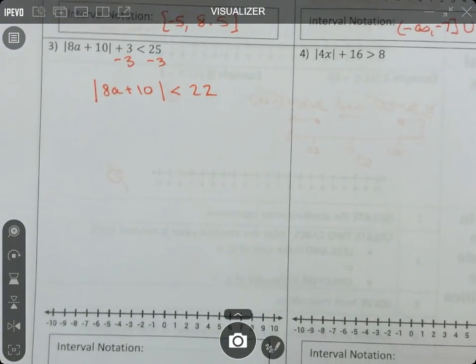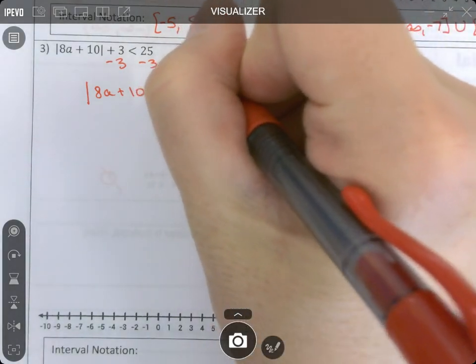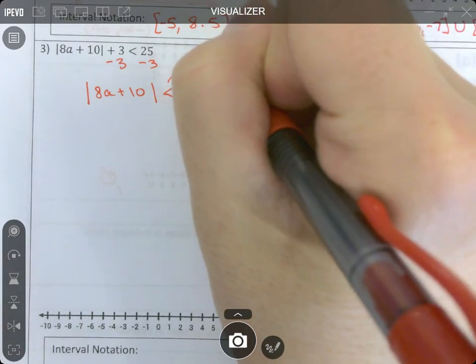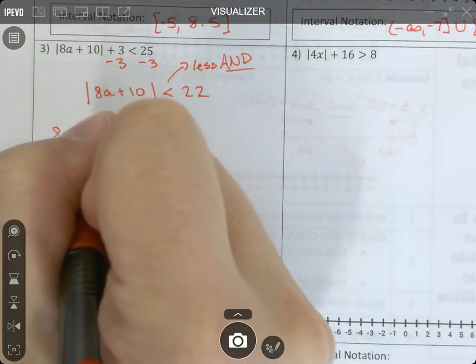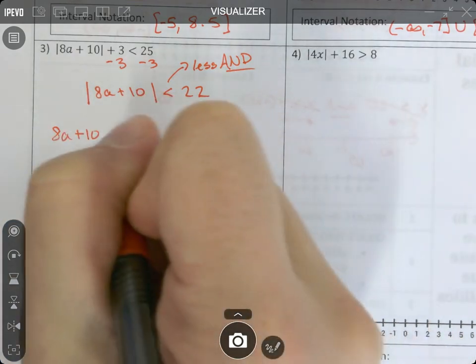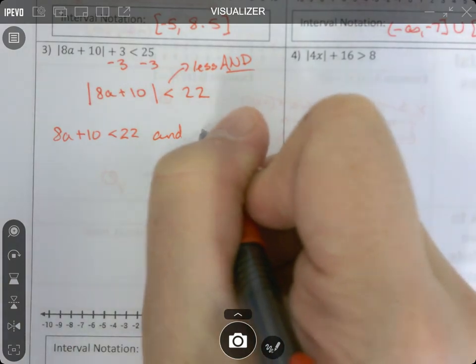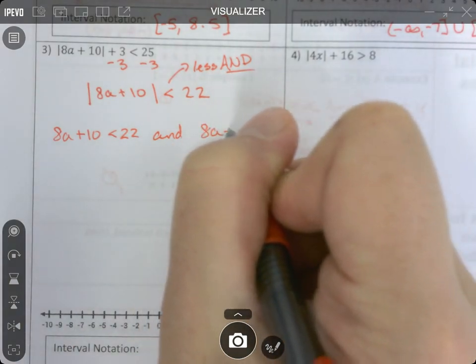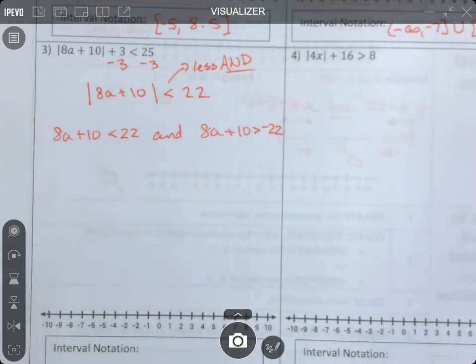All right. So go ahead, and or. Less, and, I agree. So set it up. 8a plus 10 is going to stay less than 22. And you said and 8a plus 10 is going to be greater than negative 22. So again, we're not changing what's inside.